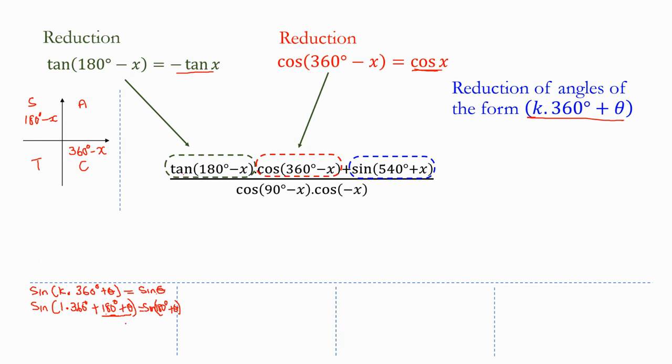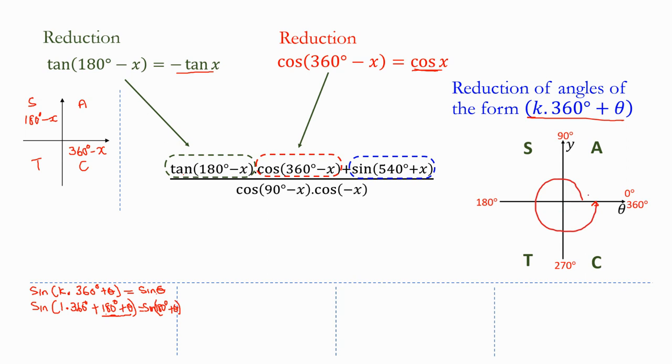The other way you can interpret this is using the Cartesian plane. If you check here, 540 will have the first revolution, which is 360, up to here. Then 540 degrees minus 360, you are remaining with 180.